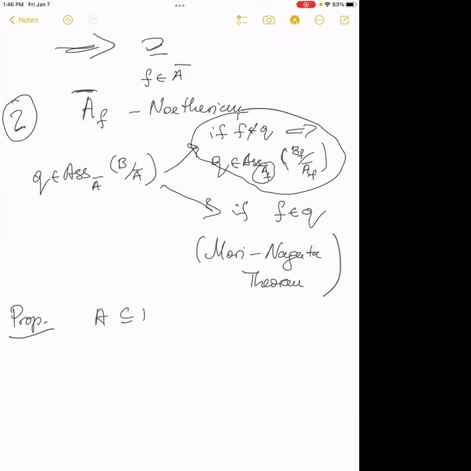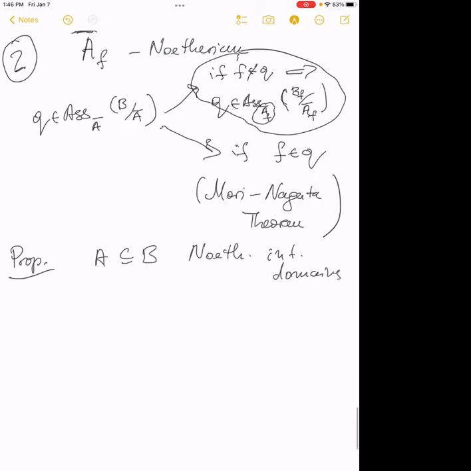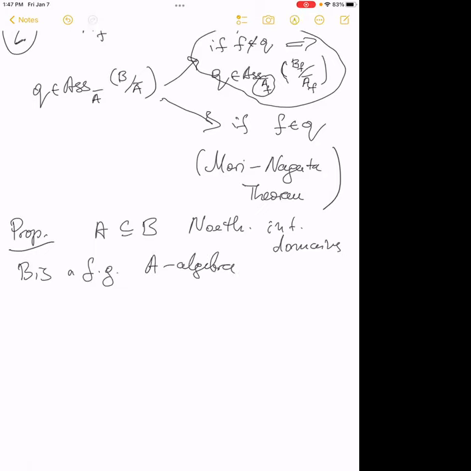Suppose A, B are Noetherian integral domains, and B is a finitely generated A-algebra. Then the claim is that the set of associated primes of this quotient is finite.